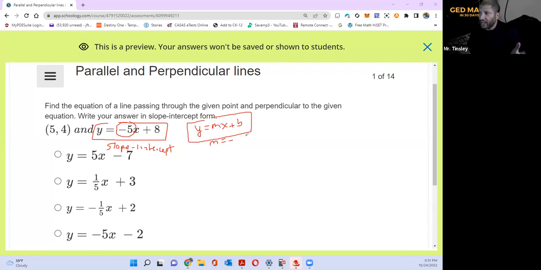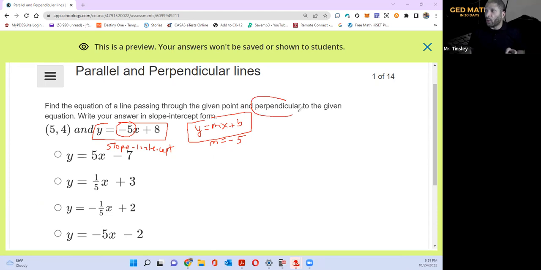So in this equation of a line, your slope is -5. Right. Does everybody understand that? Hold on, Mr. Tinsley. It can't be that easy. So you're telling me the slope is -5. Right. That's all you're looking at. So you identify this as slope-intercept form. Whatever's in front of the x is your slope. So your slope is -5. So that's the slope of this line.